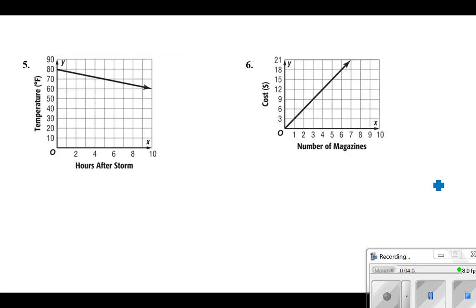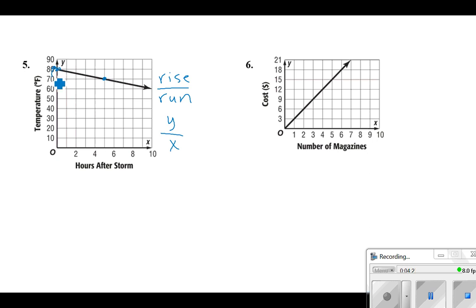Question 5, we have a graph. Because we have a graph, I'm actually going to do the slope using rise over run, which again is y over x. So I'm going to find 2 points. I'm going to choose this point and this point.